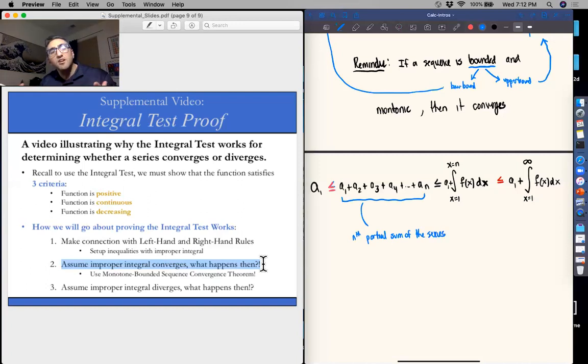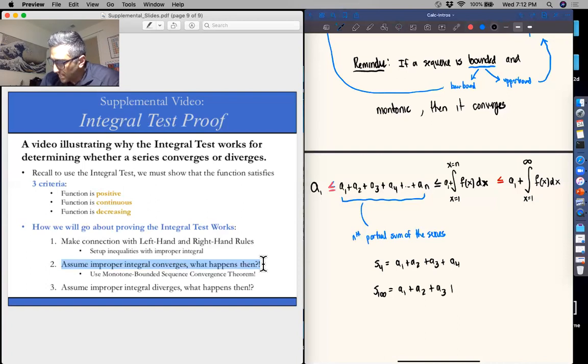And what we're really thinking about now is, if we keep taking more and more higher partial sums, so for example, S4 would be equal to a1 plus a2 plus a3 plus a4. S100 would be equal to a1 plus a2 plus a3 plus many, many terms in the middle, plus a99 plus a100.